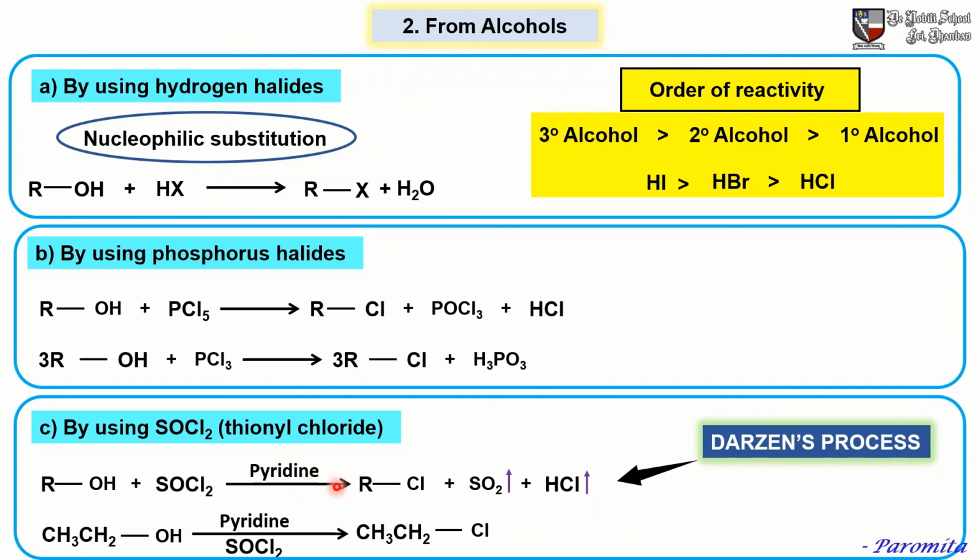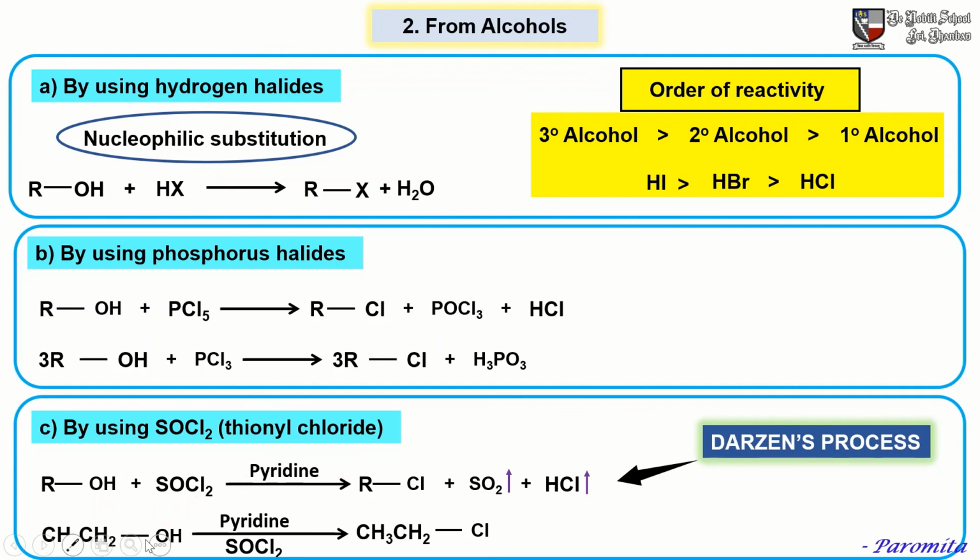Now, this method is very important and it is preferred over the use of HCl or phosphorus chlorides because the other products that are formed in the reaction, that is SO2 and HCl, being gaseous in nature, escape out, leaving behind only the chloroalkane in almost pure state. That means there is no problem in separation.